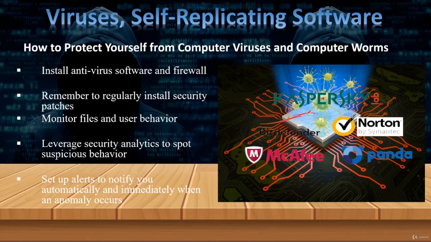You will notice the behavior of your device being different, and if it behaves strangely, run and install updates for your security software as soon as possible and run a scan. Most security tools will notify you of strange or abnormal behavior.